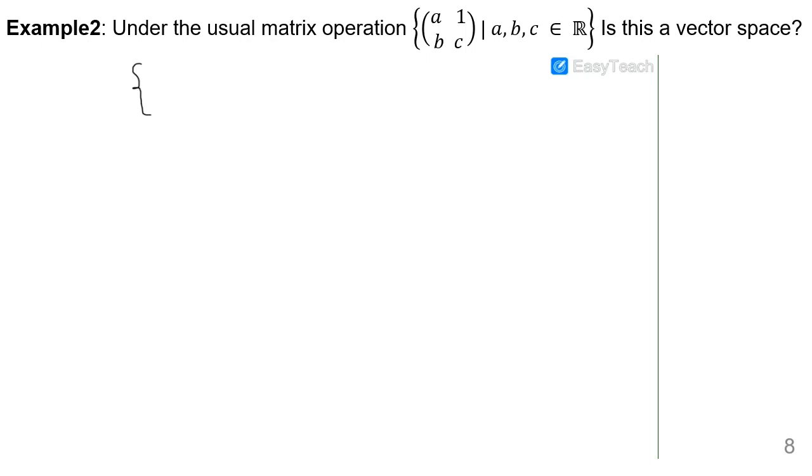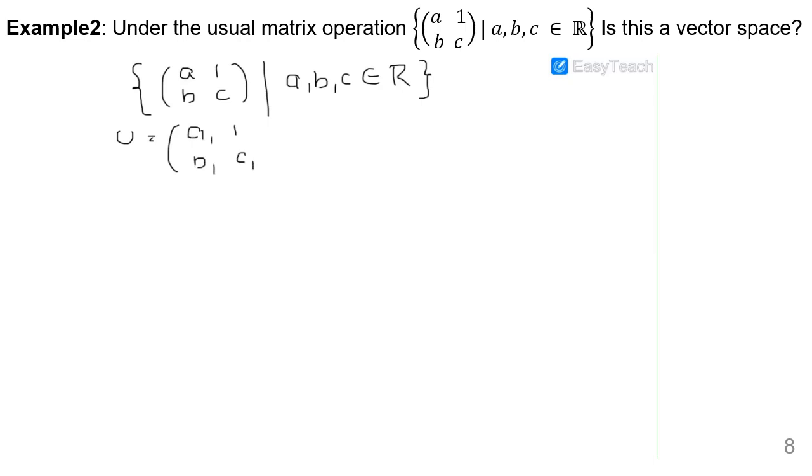Given the matrix [A, 1; B, C] under the condition A, B, C belong to R. Let us define U equal to [A1, 1; B1, C1] and V equal to [A2, 1; B2, C2].